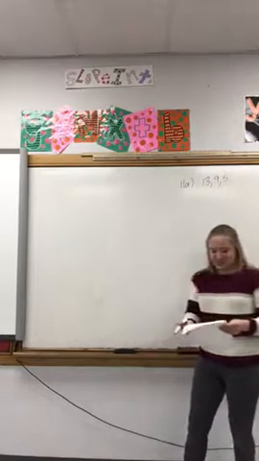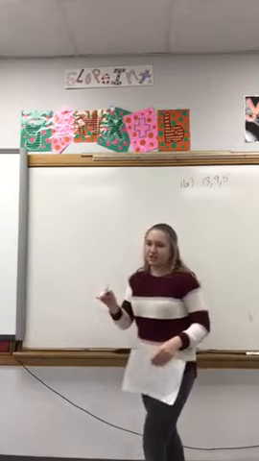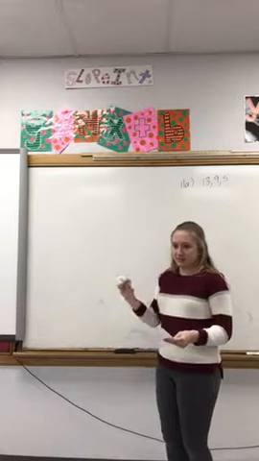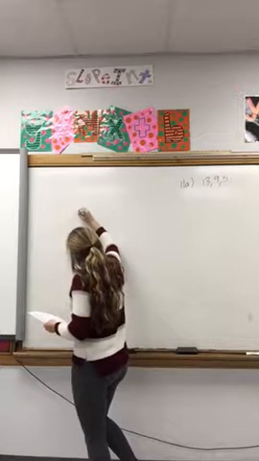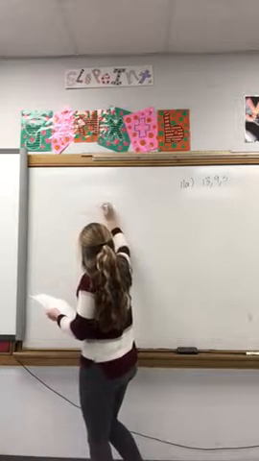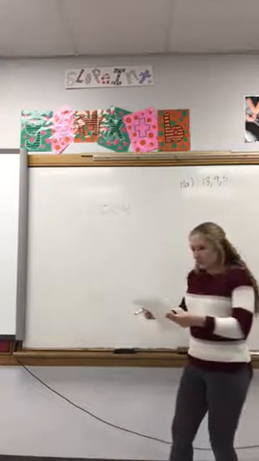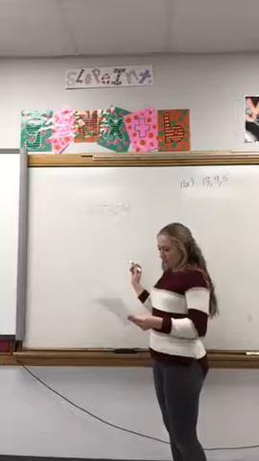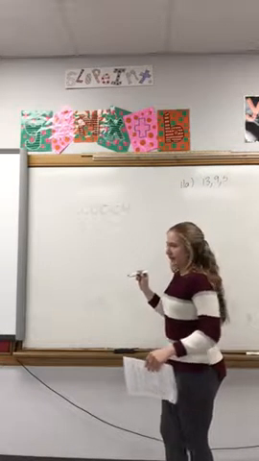Okay. So now we're gonna do problems where you start with the big long number and you change it into the small scientific notation. Okay? So you have to get it to a coefficient that is between 1 and 10.